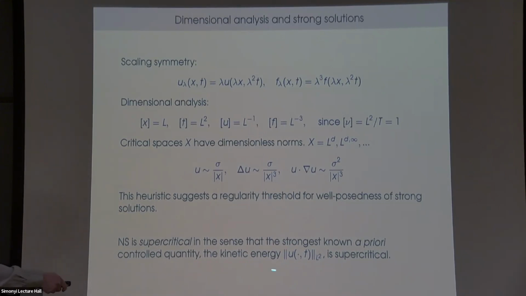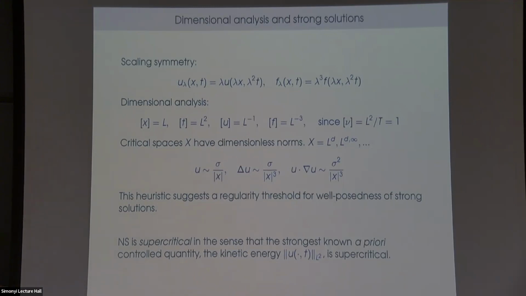But this norm lies below the regularity threshold, which would guarantee that you can control the solution and prove it smooth. So in that sense, we say that Navier-Stokes is supercritical, because the strongest norm that out of the gate you control is supercritical, lies below this regularity threshold.